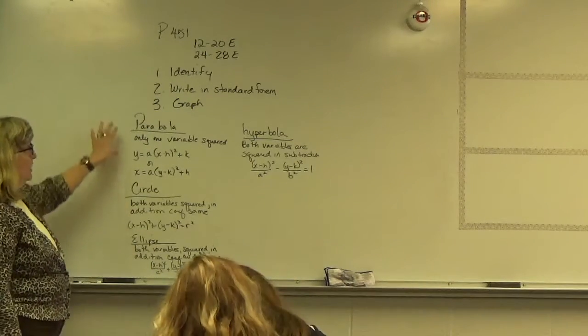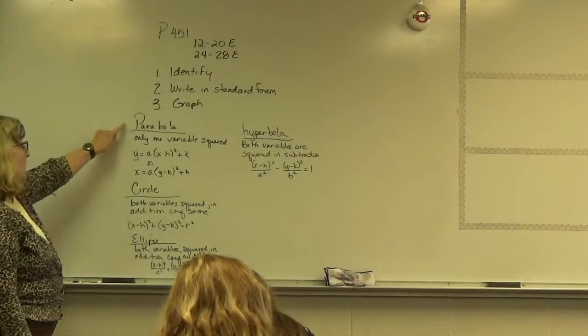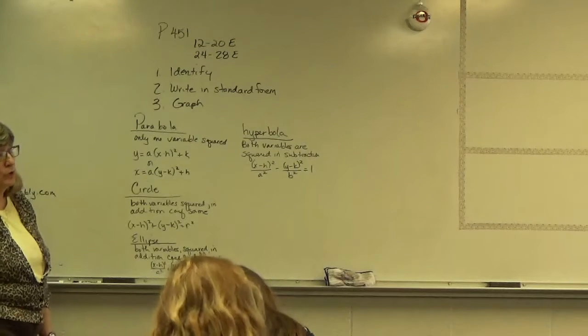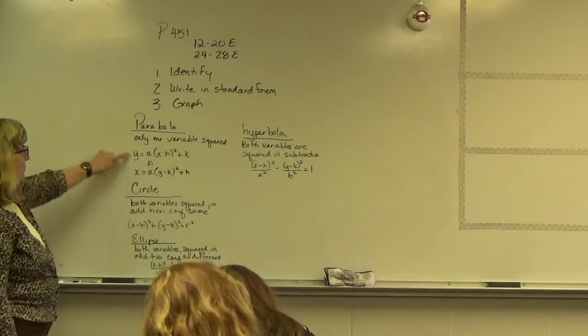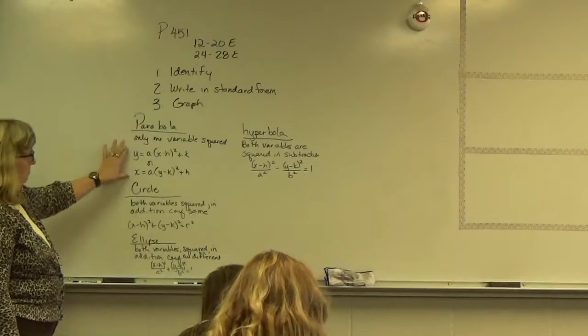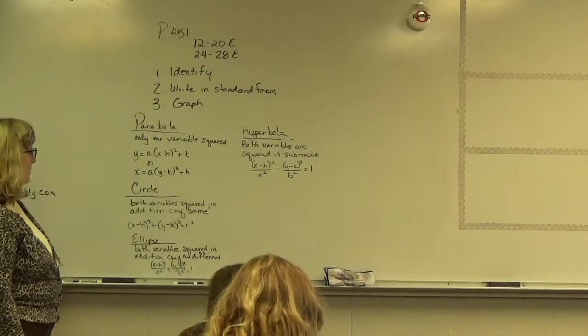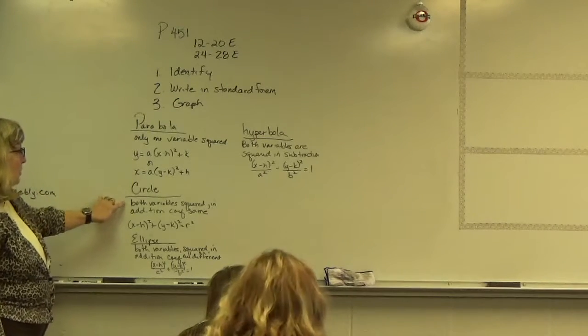So I wrote down some little tricks that can help you remember. If it's a parabola, only one variable is squared. Those are the standard forms of the equations, which, if you're used to your parabolas, you don't need to write down. Circle: both variables are squared, but they're in addition.